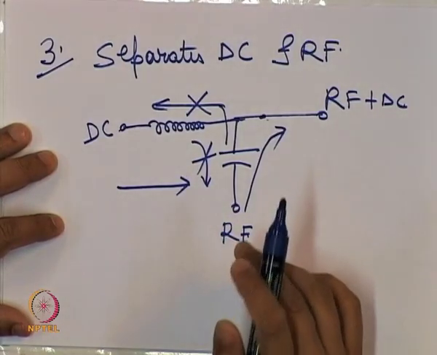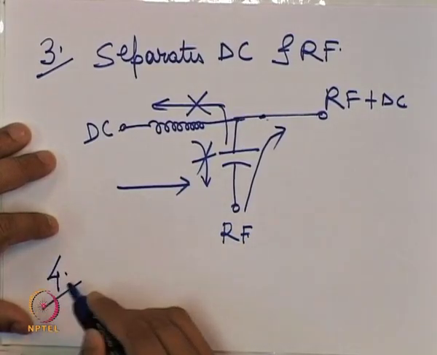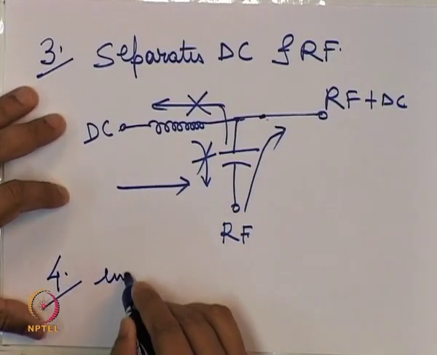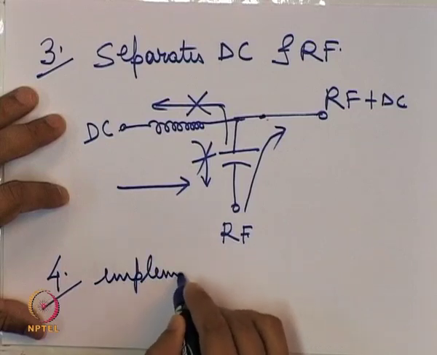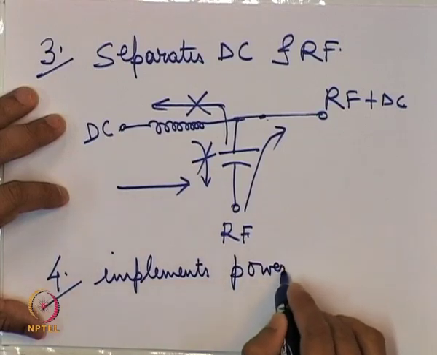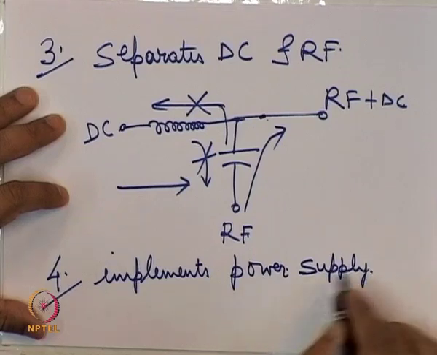Finally, one final use of this DC bias network is that it implements power supply decoupling.